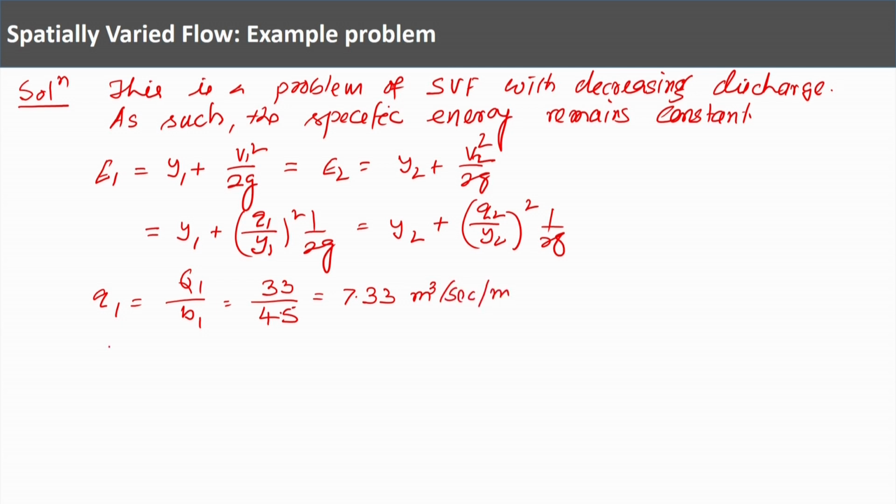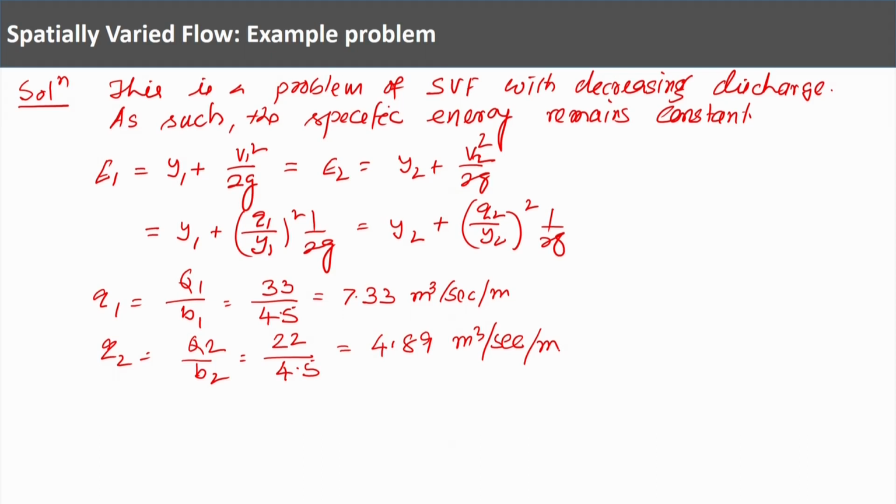Similarly, I can calculate q2. Small q2 is capital Q2 by B2, so in that case this is 22 by 4.5, which is equal to 4.89 meter cube per second per meter.